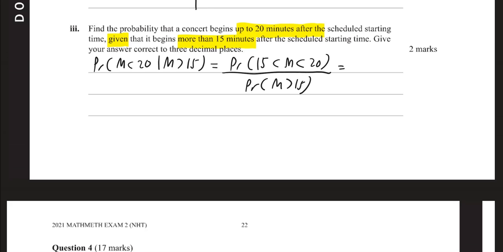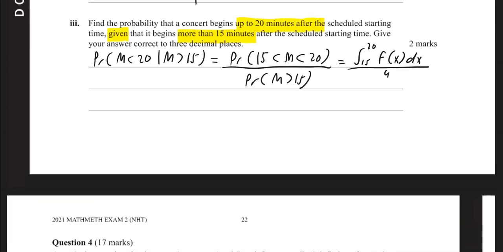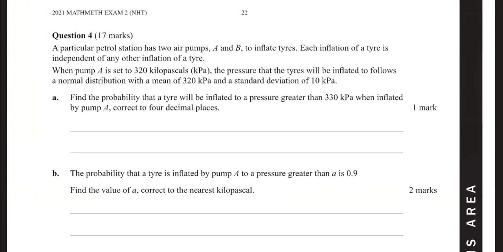To find the numerator, just do the integral from 15 to 20 of f of x dx and divide that by the answer from part F, 4 on 289. That's what we found there. That simplifies to 195 on 484, which is 0.403 to 3 decimal places. That's 2019 done. Let's move on to 2021.